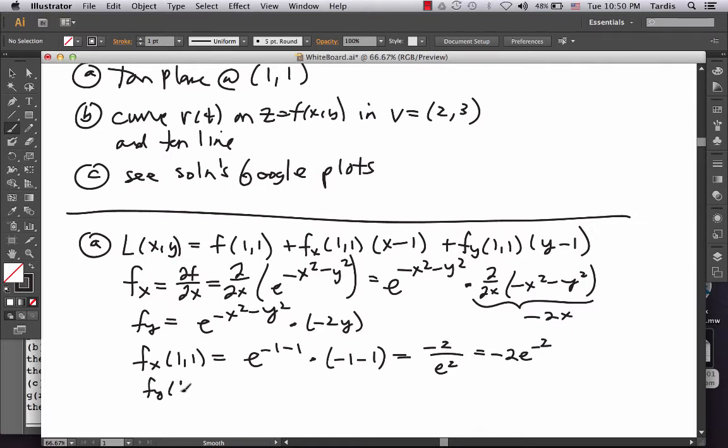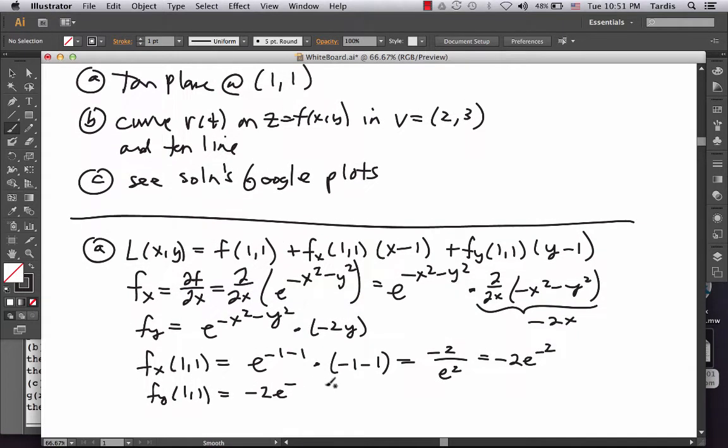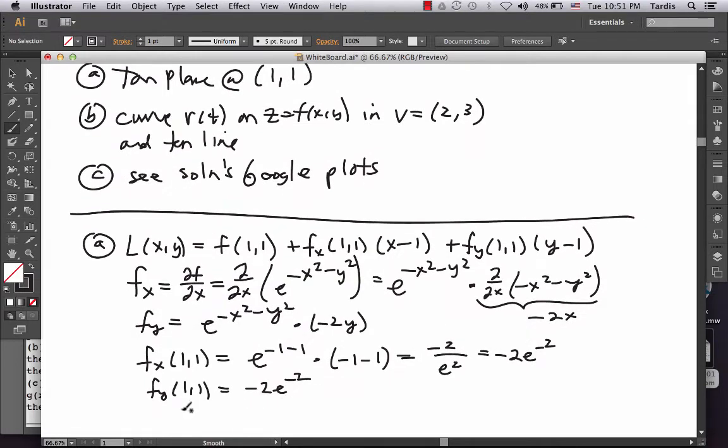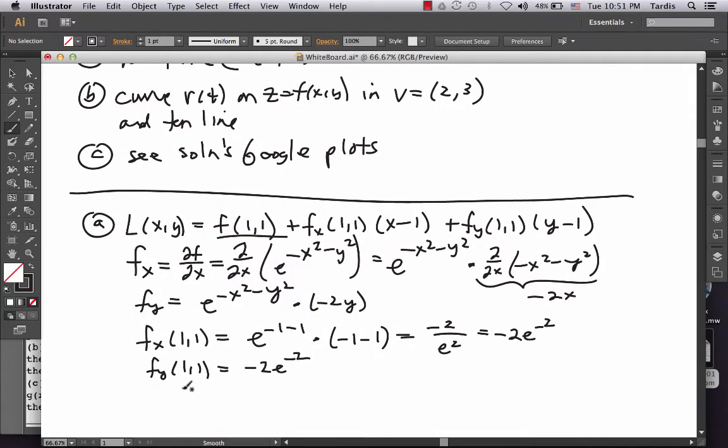And the partial derivative f with respect to y turns out to be the same thing, negative 2 e to the negative 2. And then we also need the function evaluated at 1, 1. And that's simply e to the negative 2, or 1 over e squared.